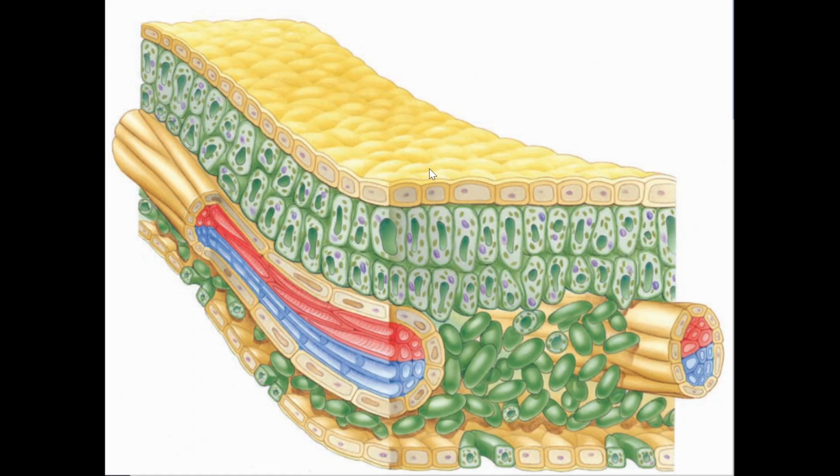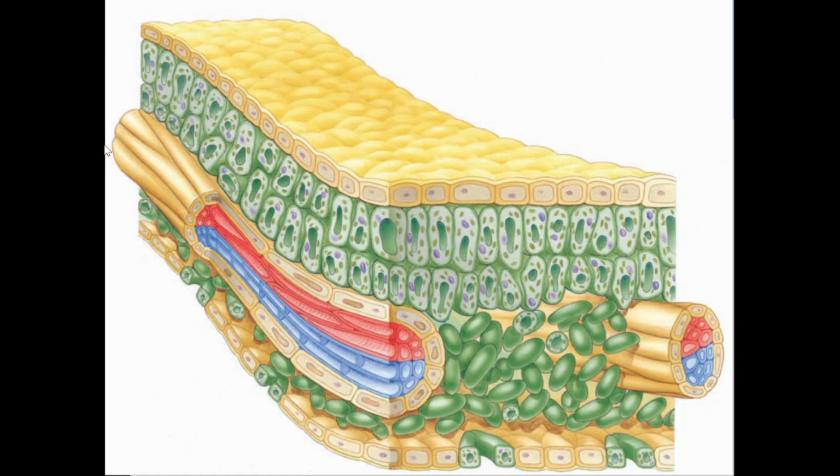Then there is a palisade parenchyma. Palisade is usually a part of a building, a fence, that is on the fresh air and has some plants. So that is why it's called palisade mesophyll.